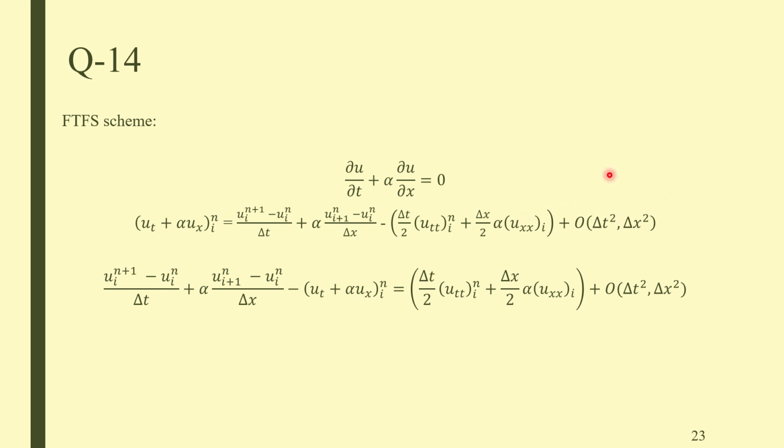So the rest of the terms are second order in time and space, which we have neglected. So here we have given up to first order in time and first order in space.